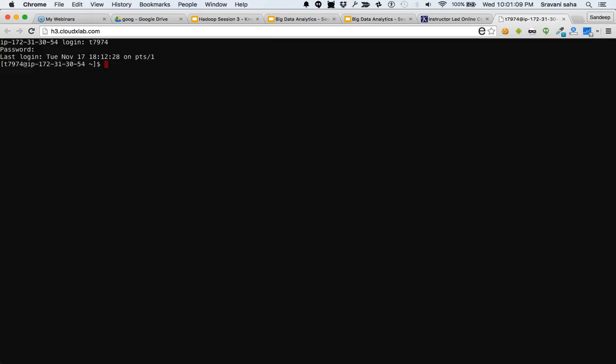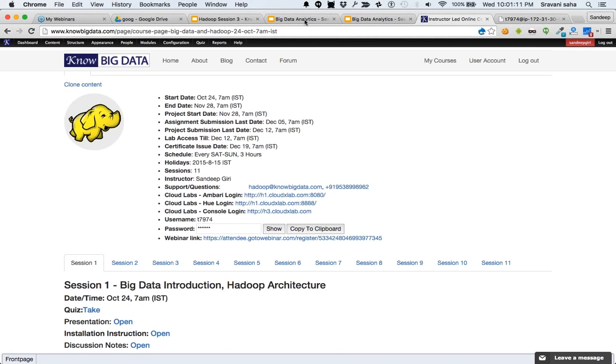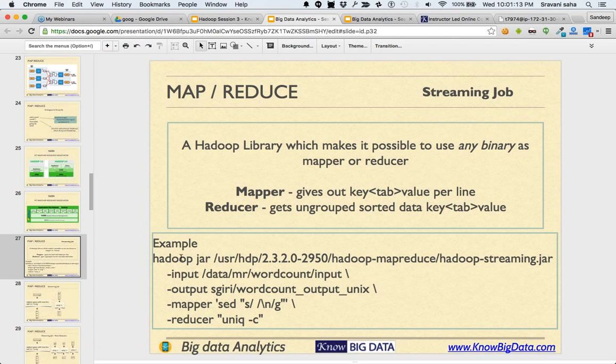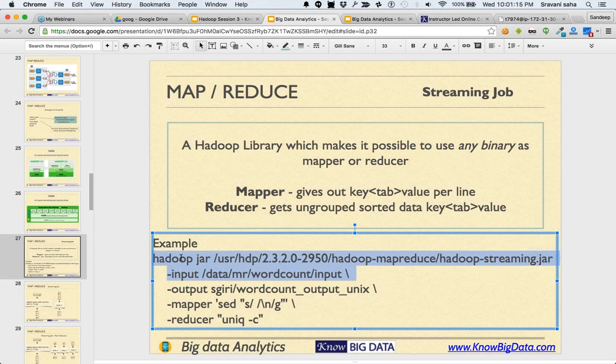And then inside here, this command which I have put in says that here is my Hadoop jar, which is Hadoop streaming.